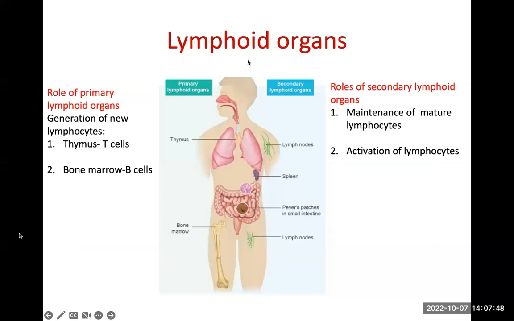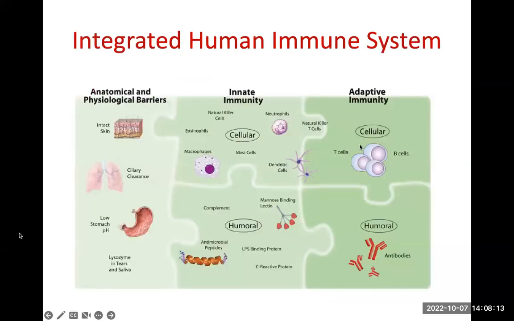I thought it would be nice to also revisit the organs that are important in the immune responses. And these organs, we call them the lymphoid organs. And so we have what we call the primary lymphoid organs and the secondary lymphoid organs. The primary lymphoid organs are places where lymphocytes are generated. As the name suggests, lymphoid organ comes from the word lymphocytes.